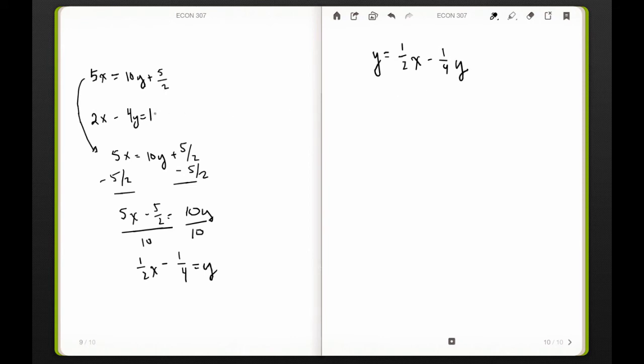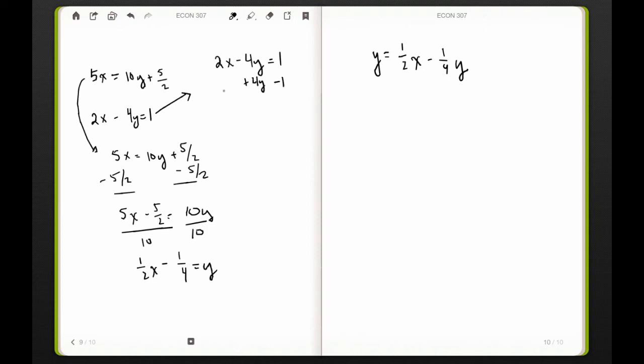Okay, so now let's solve this guy for y. So I've got 2x minus 4y equals 1. I'm going to add 4y to each side and also subtract 1 from each side.